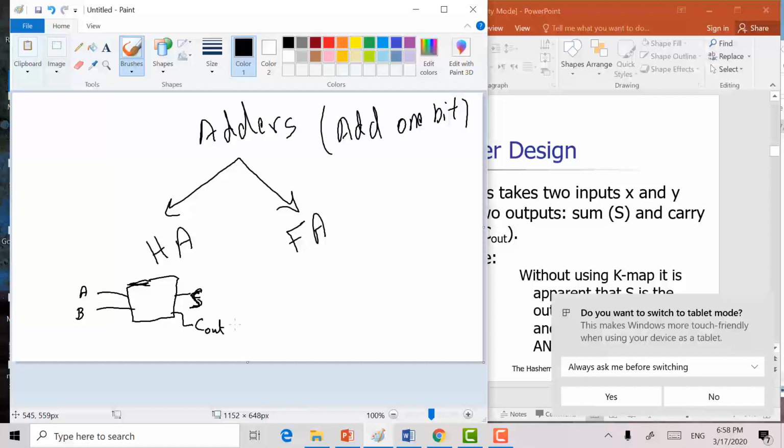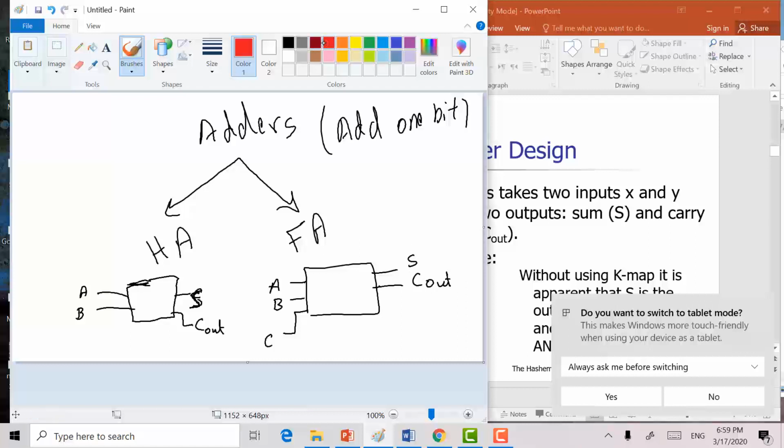In the case of the full adder, though, we will have three inputs, A, B, and C, and we'll have the sum and the C out.